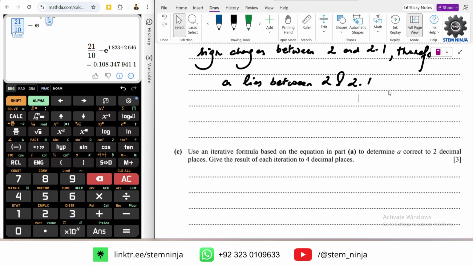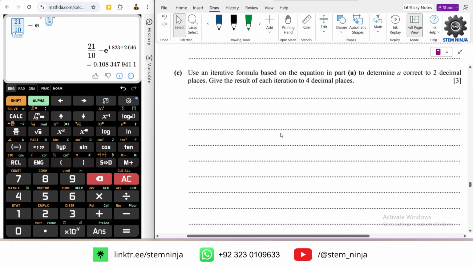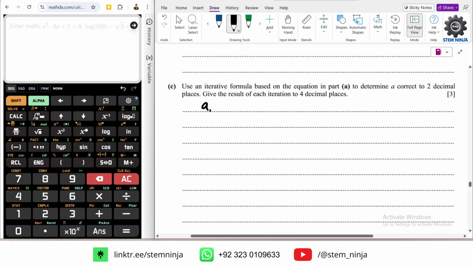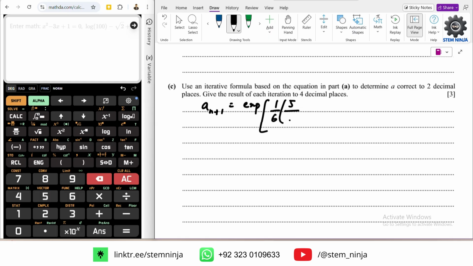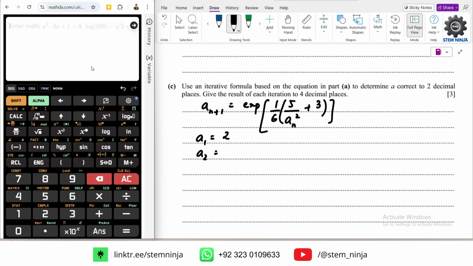Use an iterative formula based on an equation in part A to determine a correct to 2 decimal places. Give the result of each iteration to 4 decimal places. So we have an iterative formula like this: a n plus 1 equals e to the power of 1 over 6 times 5 over a n squared plus 3. Let's start with 2 or 2.1, either way is fine. Let's start with 2.